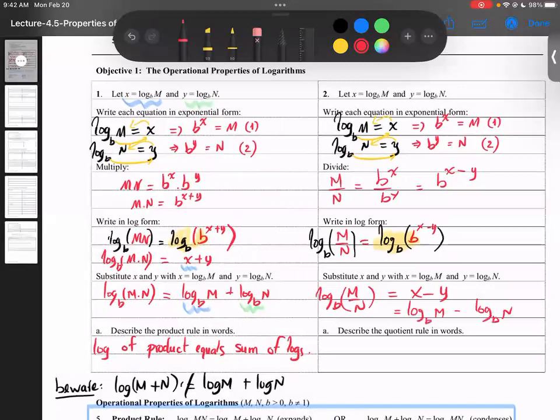So what do you see? When you have a quotient, the log of a quotient becomes the difference of logs. So I write: log of quotient equals difference of logs.